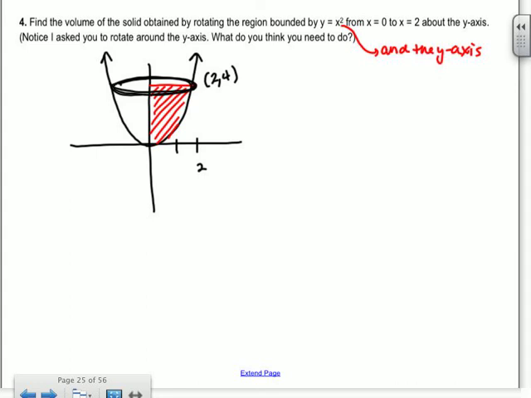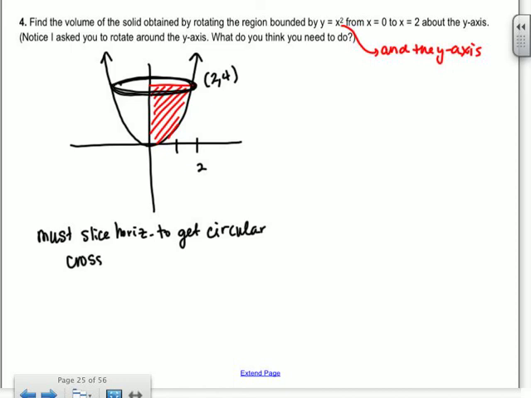Now, think about the cross sections for this one. How do you get those circular cross sections? You slice horizontally, right? So we must slice horizontally to get circular cross sections.